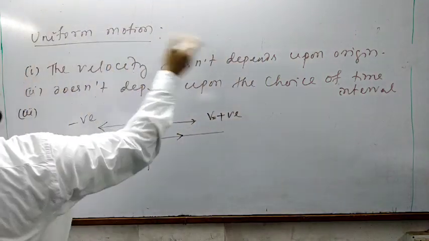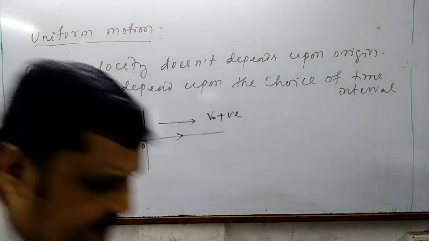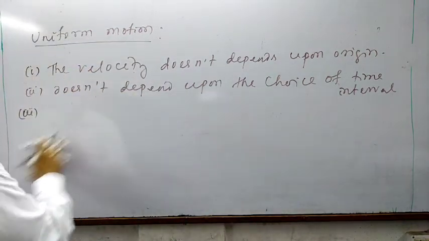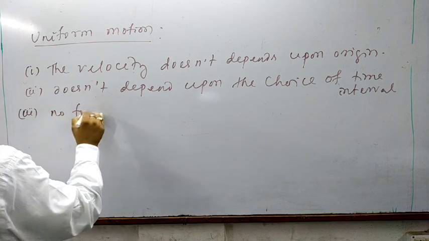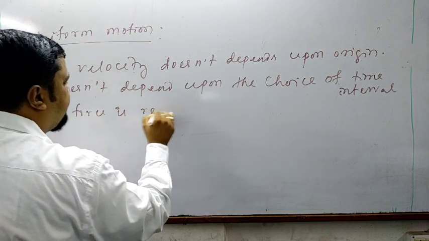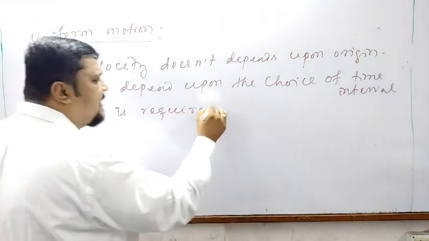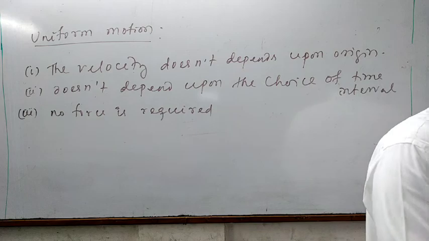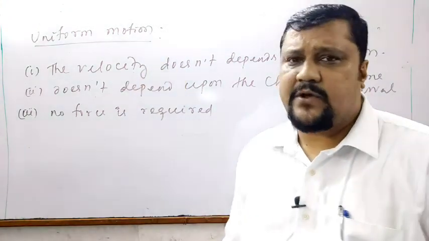But for a body already in uniform motion, no force is required when the body is already in a uniform motion. Okay. Clear? So these are some of the points of your uniform motion.